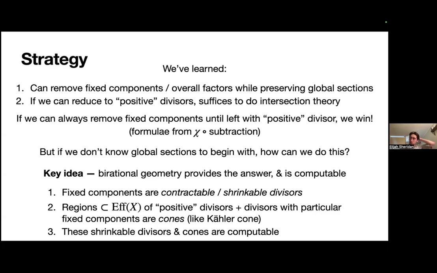And all of these cones, as well as these fixed components, are computable things. In particular, the great paper Moduli Space Reconstruction explains how to construct Kähler cones and the extended Kähler cones. The point is that these things are computable, and we can put this to work to try and understand cohomology.